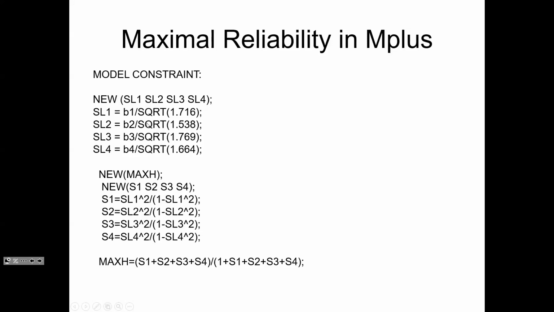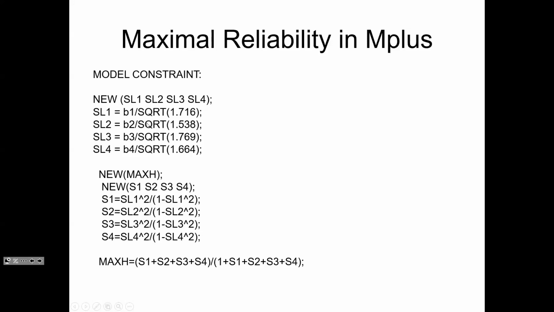But S1 to S4, I think I was thinking the squared loading divided by 1 minus the squared loading. So notice that I'm taking the squared standardized loading, SL1 squared, and I'm dividing it by 1 minus SL1 squared, right?